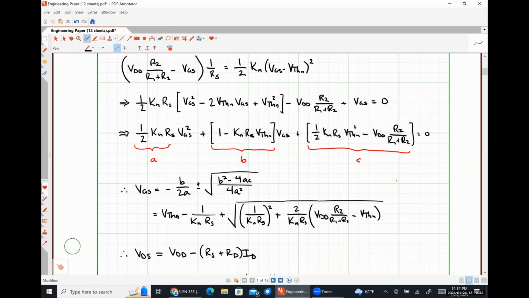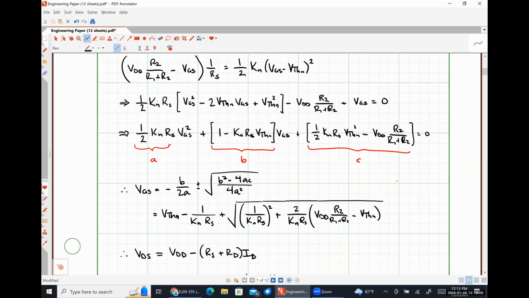And the issue that you're saying that we have is that RS is 0, which means we have VTH minus effectively infinity plus this thing over here, which is the square root of infinity squared, and then we've got an infinity thing here.